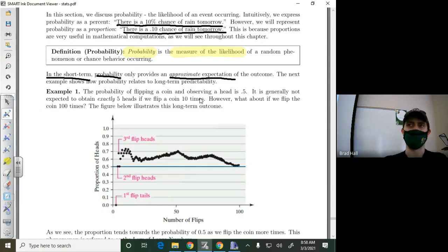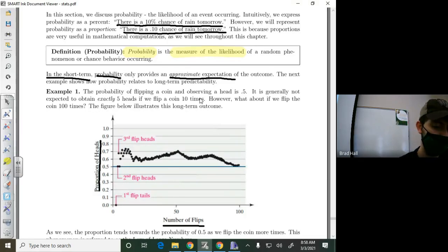In the long term, though, we will notice that the frequency of this occurring will, the technical word is converge, but in other words, the frequency of this occurring will more likely approach the proportion, as best shown by this graph from the textbook: the number of times you flip and the proportion of times you get heads.